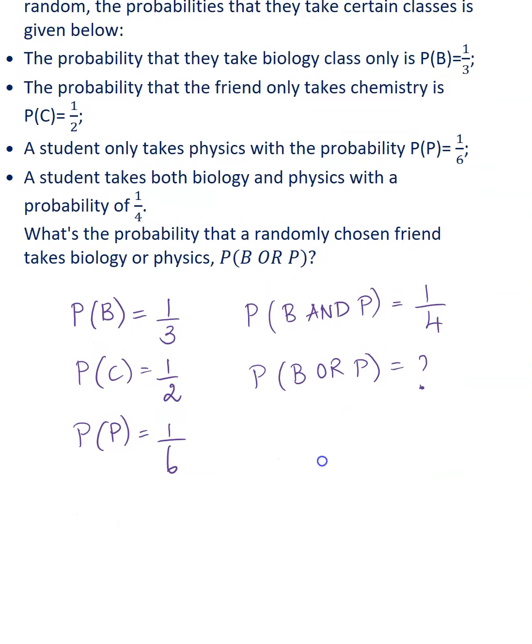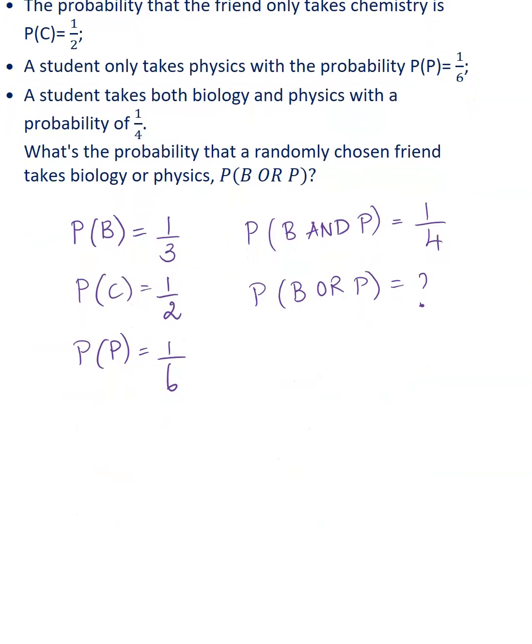Okay, so we can use the addition rule. So we have to focus on B and P. These are the two events, right?